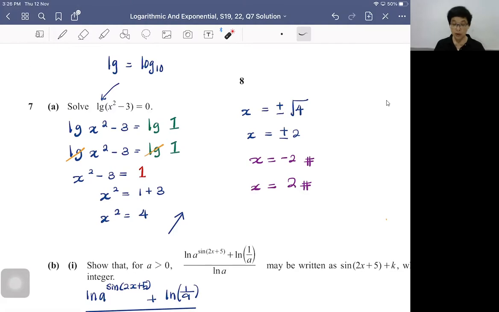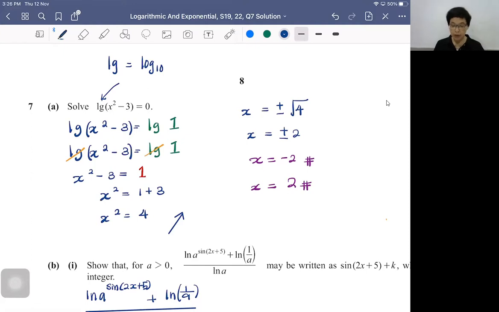Once we are confident with that, we know what base we can take advantage of to solve our questions. Given to us on the left-hand side, lg of the bracket x squared minus 3. Let me make this clearer by putting back the bracket.